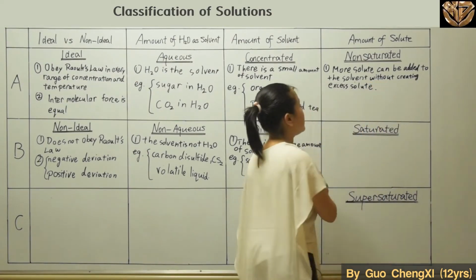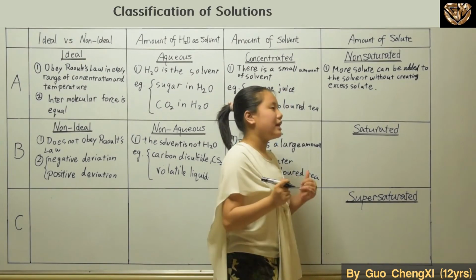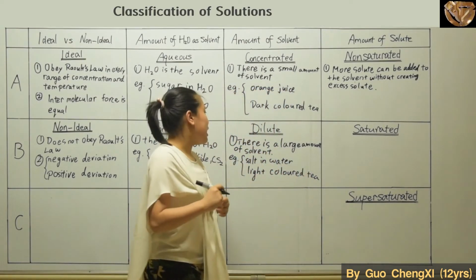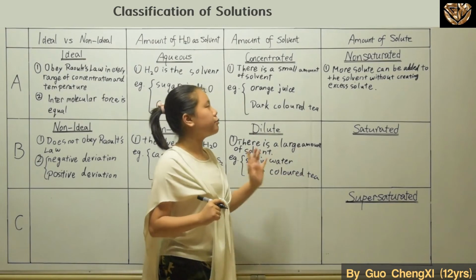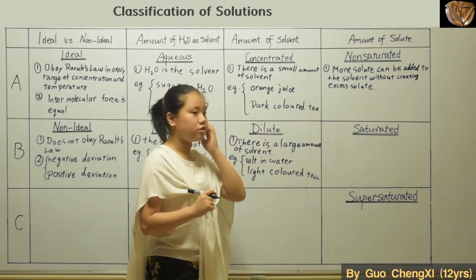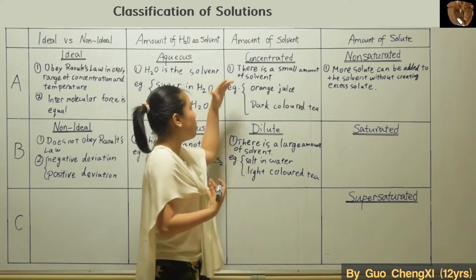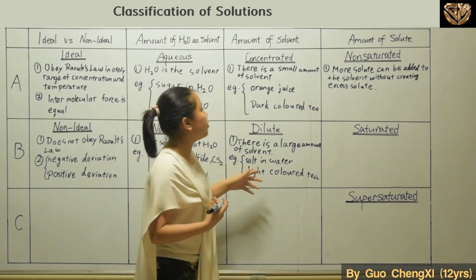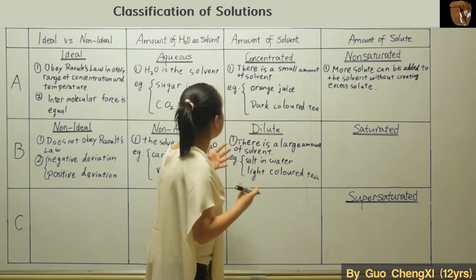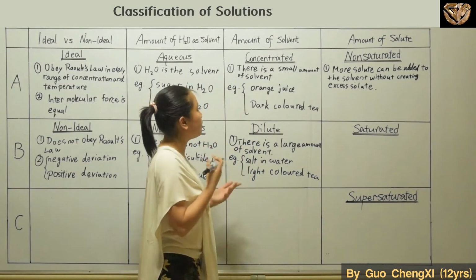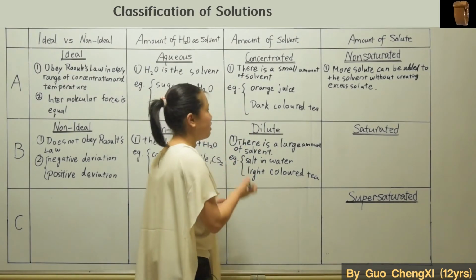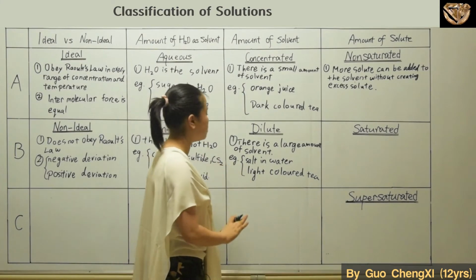So for this, it's very diluted. Well, these two can be related together, but it's still not completely the same, because over here it's more or less the proportions, like a small amount of solvent, large amount of solvent, large amount of solute, small amount of solute.